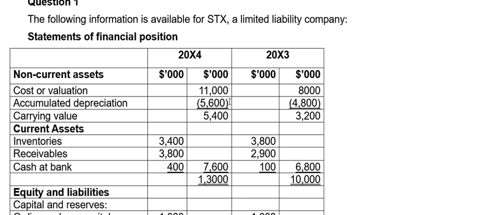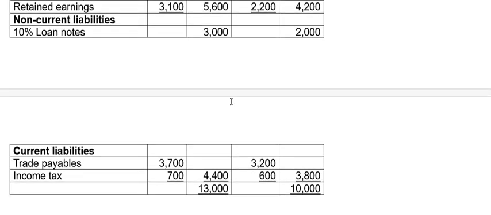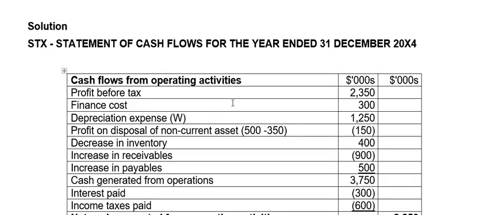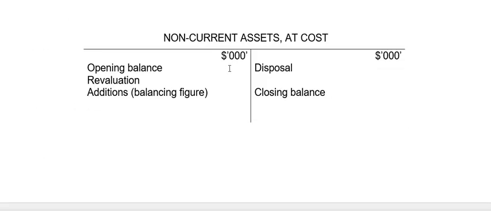But don't forget that during the year the company disposed of a non-current asset. So let's move to the working. Opening balance. Assets have a normal debit balance according to the rules of double entry. So the balance brought down is 8,000 as per the question.